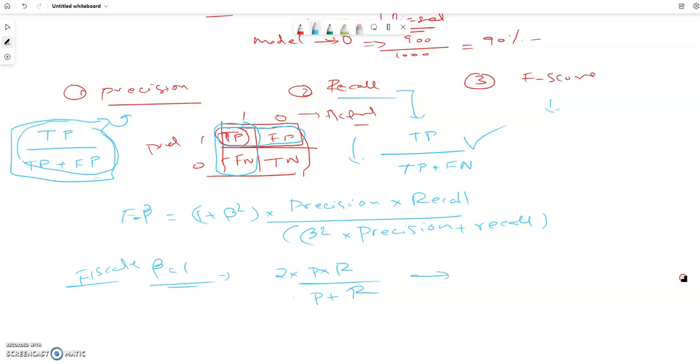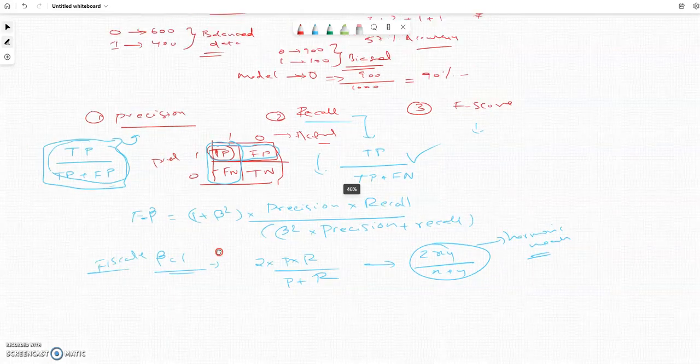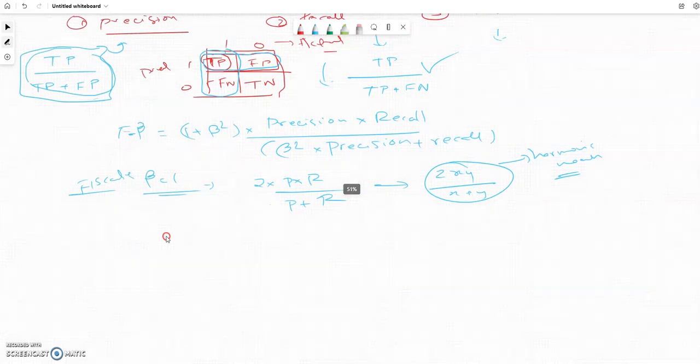This is something like 2xy divided by x plus y, which is the harmonic mean, right? Now, for various cases, we are going to use different values of beta. If we want to check for beta equal to 0.5, we use 1 plus 0.5 squared into P into R, divided by 0.25 into precision plus recall.